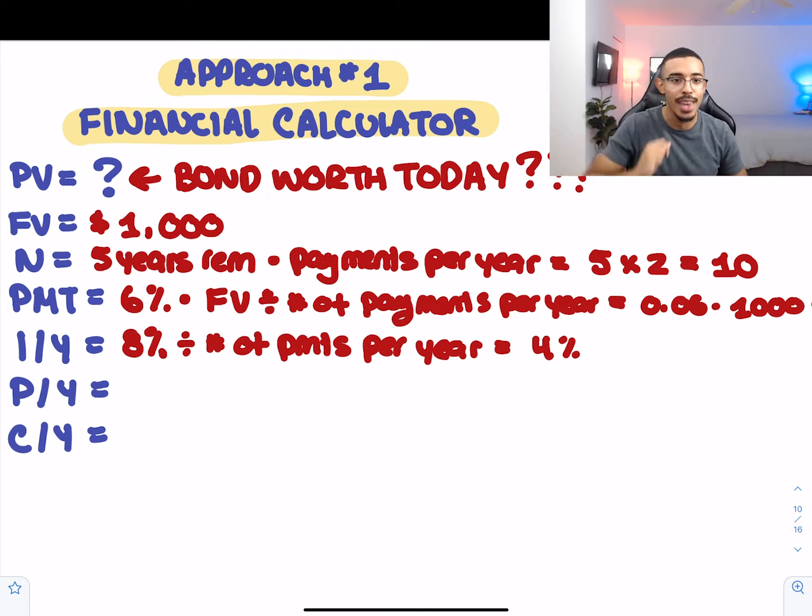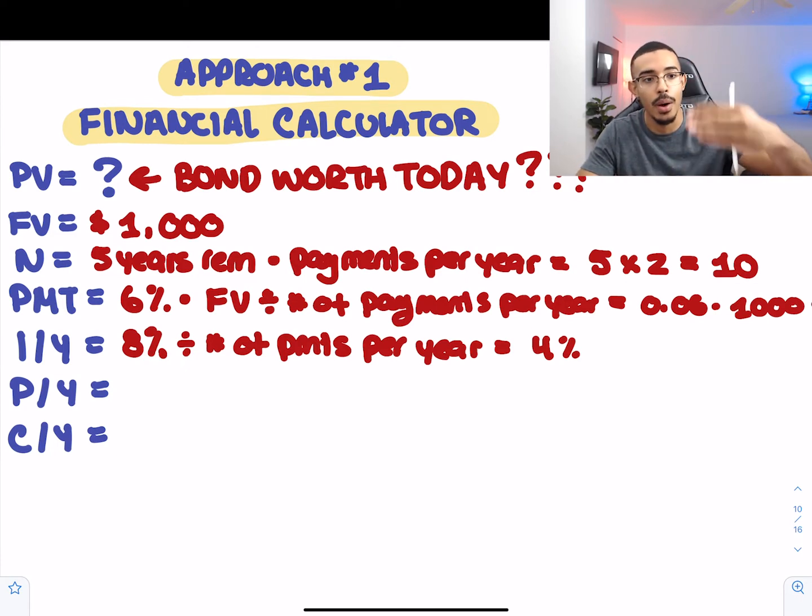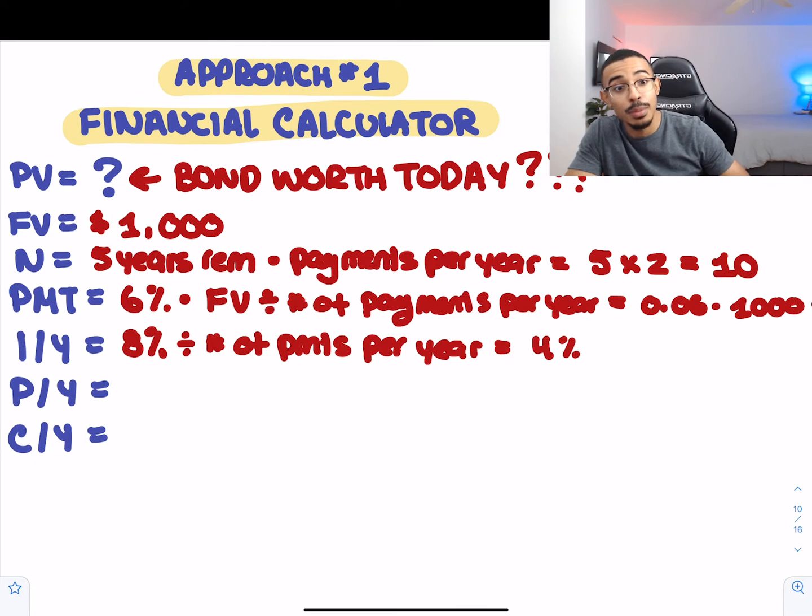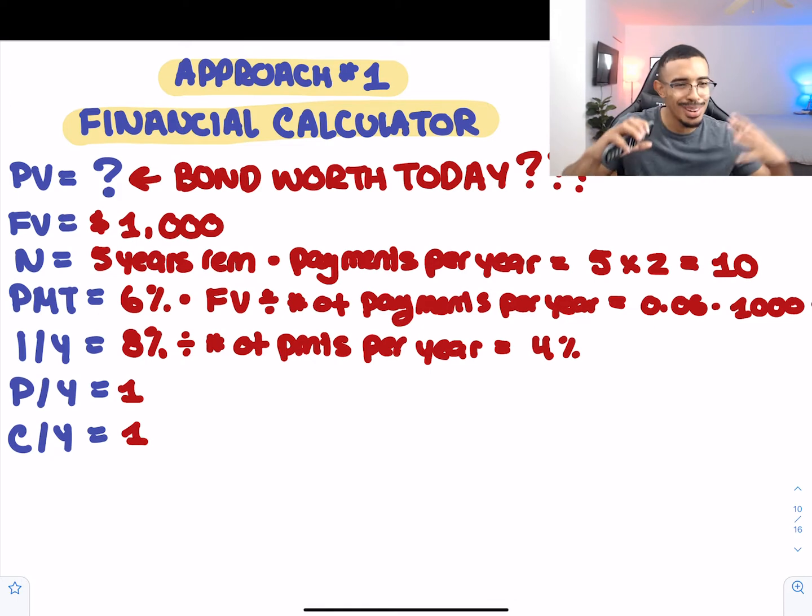And what I'm going to give you now is a trick. When you do these questions, to make this simple for you and to plug this in within your calculator, I definitely recommend that for your PY and your CY, the payments per year and the compounding amount per year, you set them to 1. This is kind of a niche type of trick that's going to make this really simple for you.